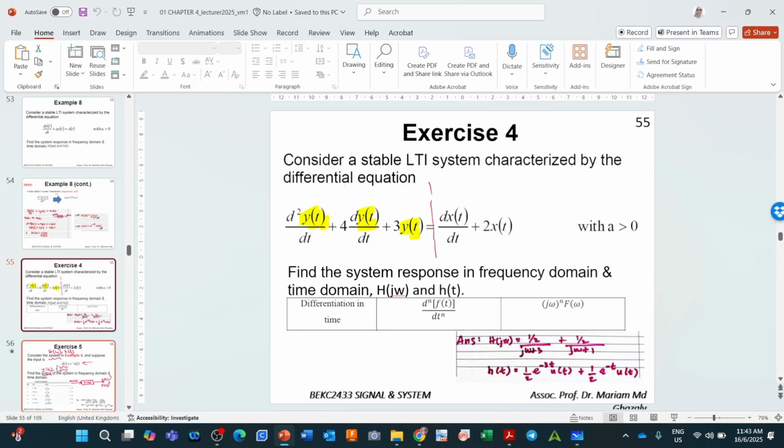The question is the same as just now: find H in terms of frequency domain and time domain. So first step, convert first this one in time domain to frequency domain using the differential equation with some table properties. So try to do it. Try to come up with the equation.